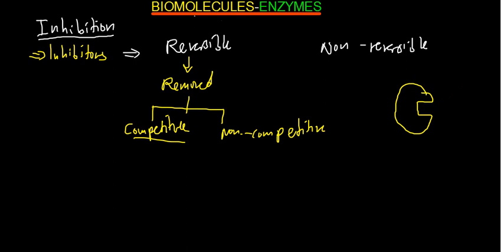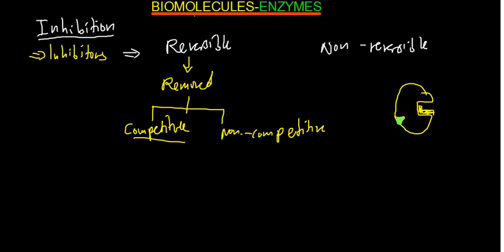the inhibitor in this case is going to attach to the allosteric site. So you might have the allosteric site here. When this inhibitor binds to the allosteric site, the shape of the active site is going to be changed slightly. So you might see something like that. The shape changes.